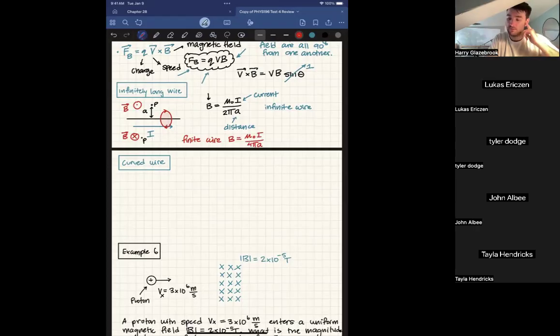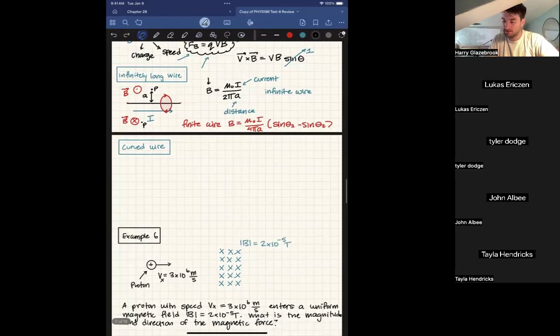A is your distance above the wire. But now you have sine theta 1 minus sine theta 2, where those are the angles from the 2 tips of the wire to your point P. So I can draw that out just a tiny bit. Like if this is your wire, this is point P.